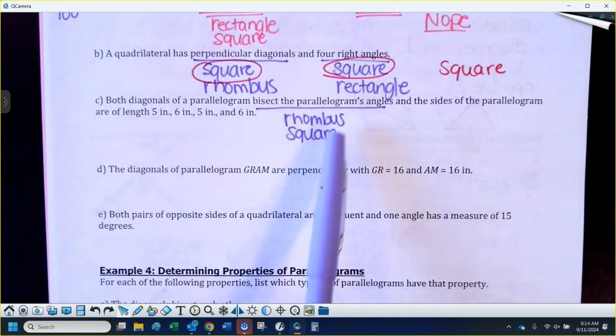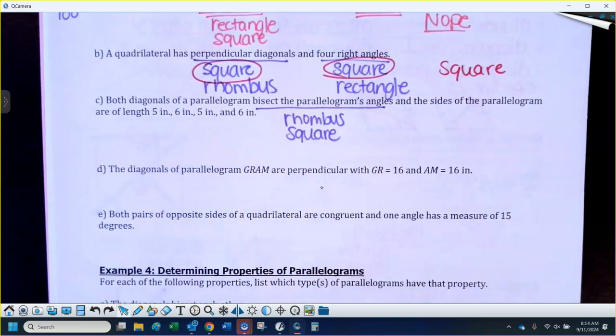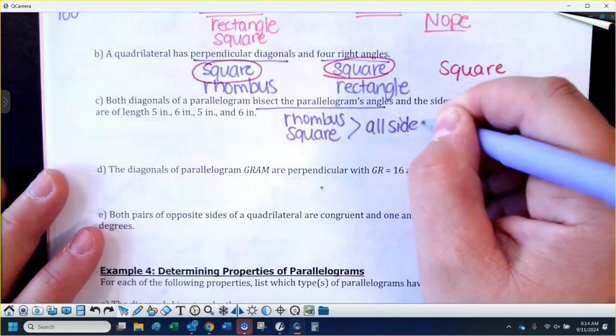Can either one of these shapes, rhombus or square, have those side lengths? Why can't a rhombus have these sides, the lengths 5, 6, 5, 6? Exactly. Both of these, all sides are congruent.